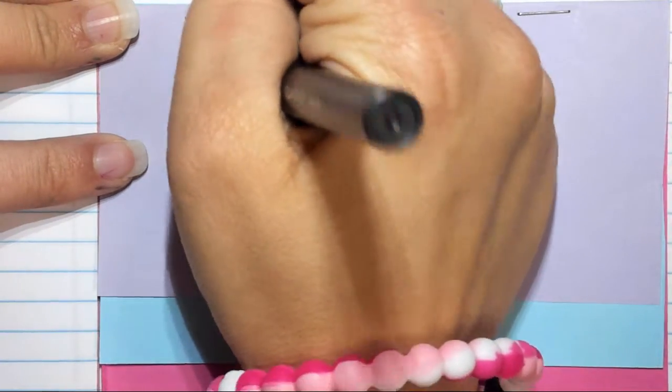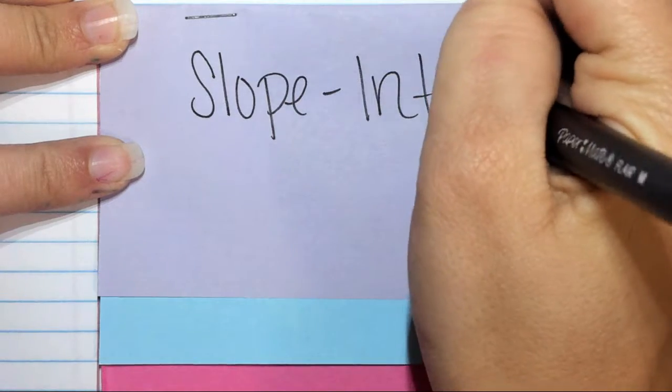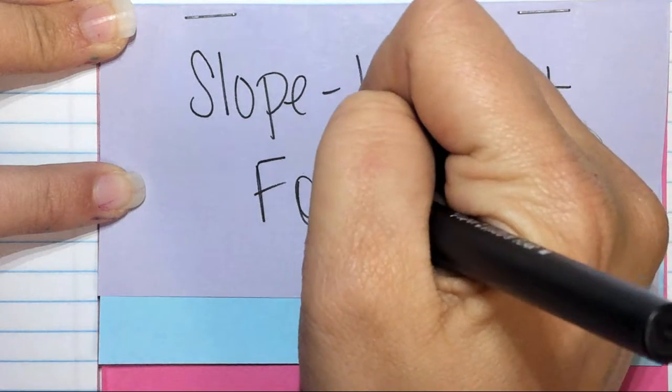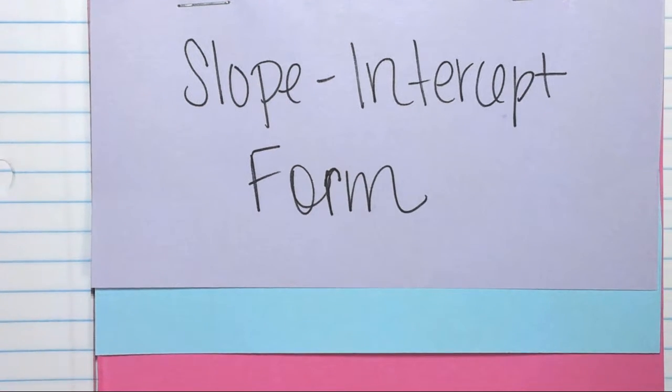Alright, on the top part of your flappy, I want you to write slope-intercept form. What color are you using? I'm using black this time. Alright, so that's the top.